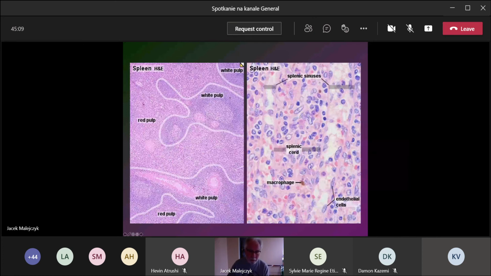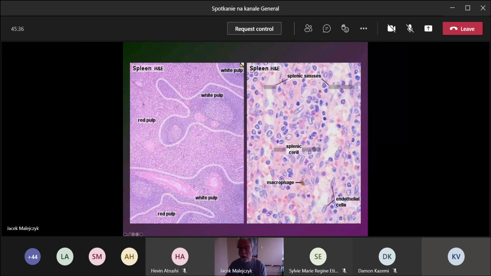Here is a part which shows how to distinguish. As you see, the white pulp is full of leukocytes, mostly lymphocytes. Here you see the very nice follicle, and inside the vessels, and outside more reddish because it contains erythrocytes, the red pulp.